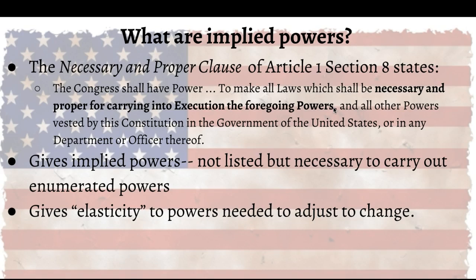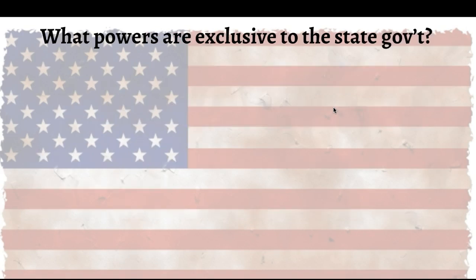The world changes, and there are things that happen in the United States that the founders could not have planned for. And so they built in this elasticity clause, this necessary and proper clause, to give powers to the national government to adjust to the change that will inevitably come.